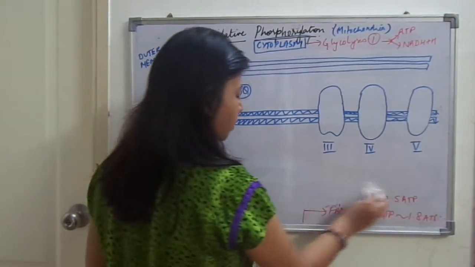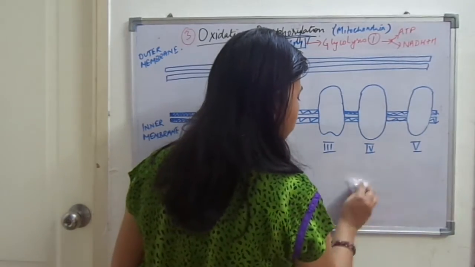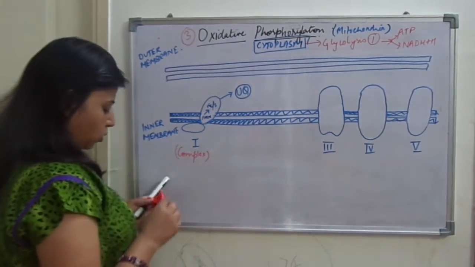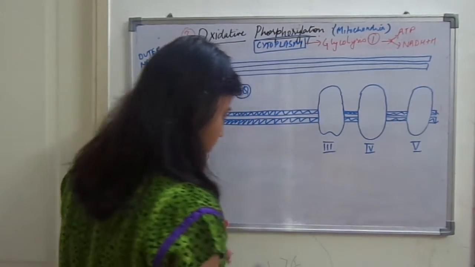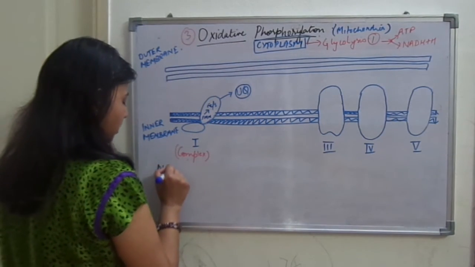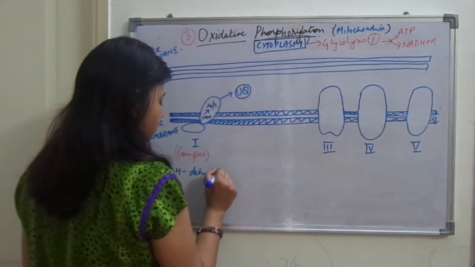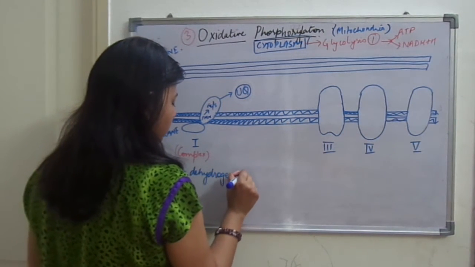Now, the first complex of oxidative phosphorylation, complex 1, is also known as NADH dehydrogenase complex.